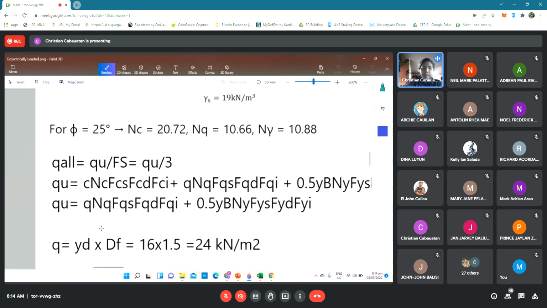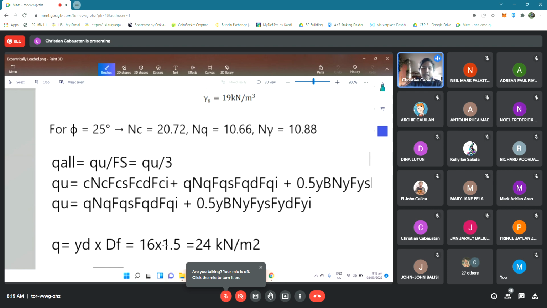Solving for q, the effective stress is the gamma dry times the depth of the footing. Of course, we consider gamma dry because that is the soil the foundation passes through.